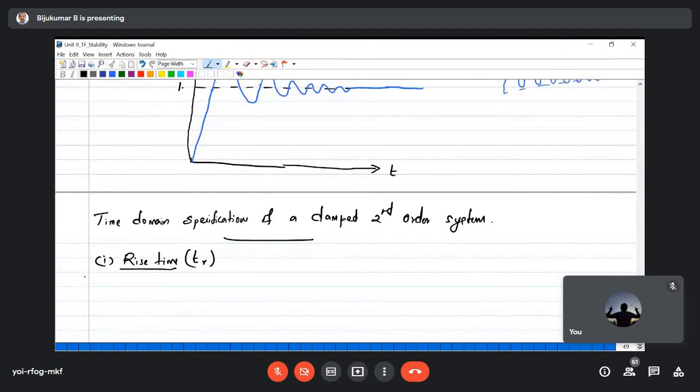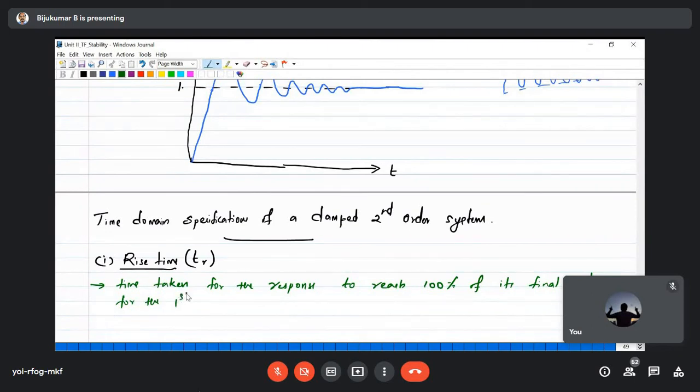Rise time is defined as the time taken for the response to reach 100% of its final value for the first time.